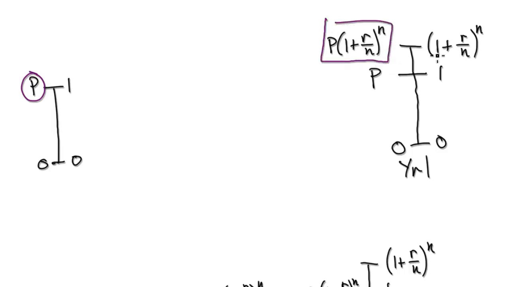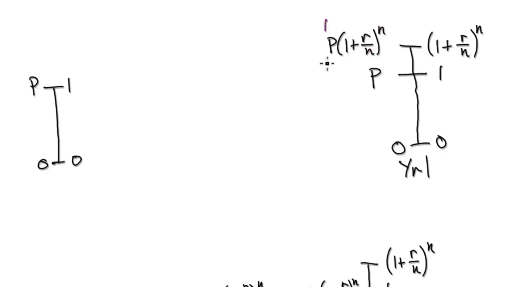So for example, if you compound it every month, then n would be 12. If you want to compound it every week, then 52. If you want to compound it every day, then 365, and so on.